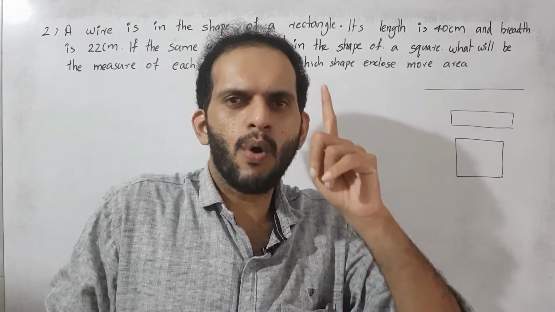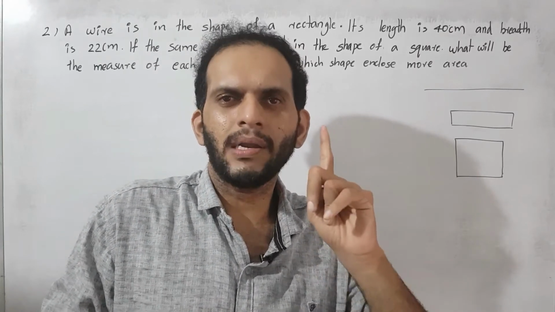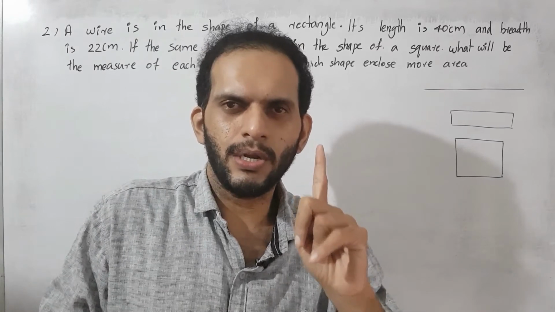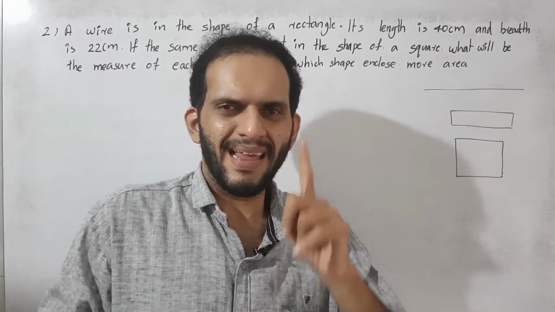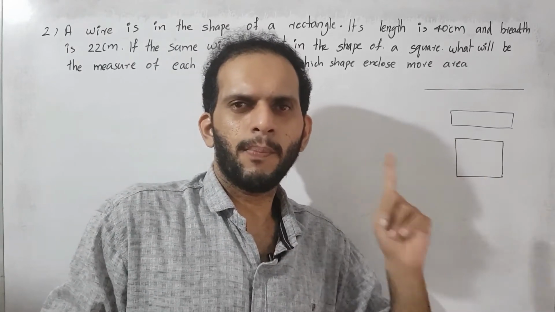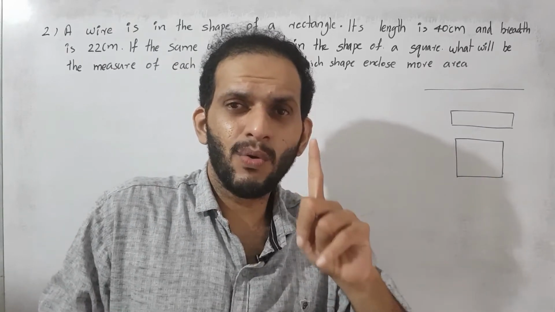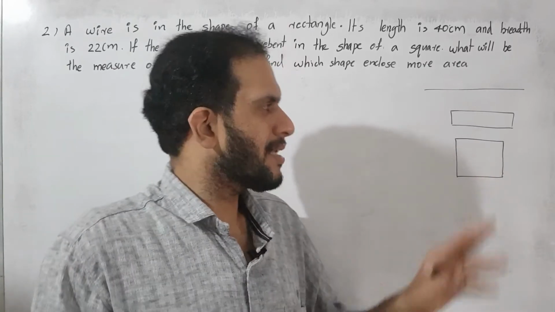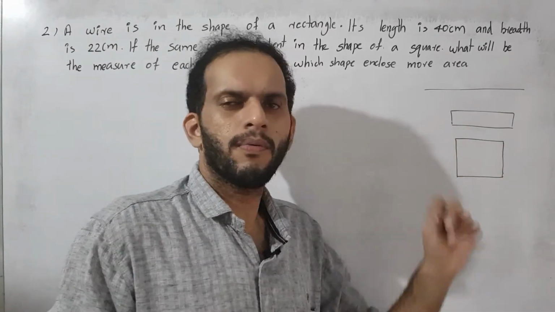We use only one wire, so the length of the wire is equal in each condition, which means the perimeter of the rectangle is equal to the perimeter of the square.